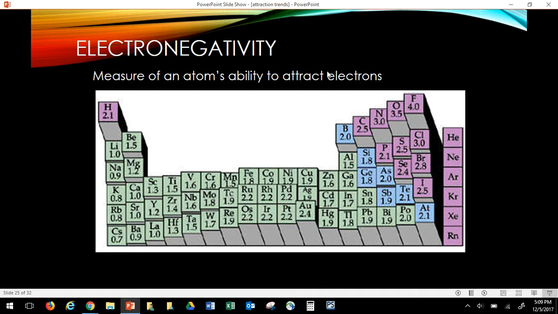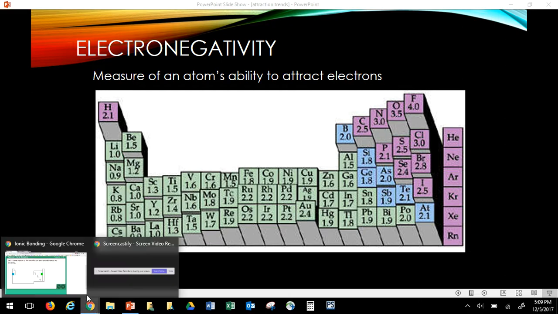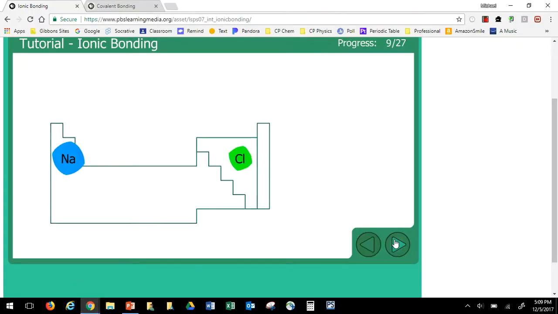So in the fight for an additional electron, the nonmetals will go after it to become anions, and these metals will often just let it go to whoever is around. So sodium and chlorine.